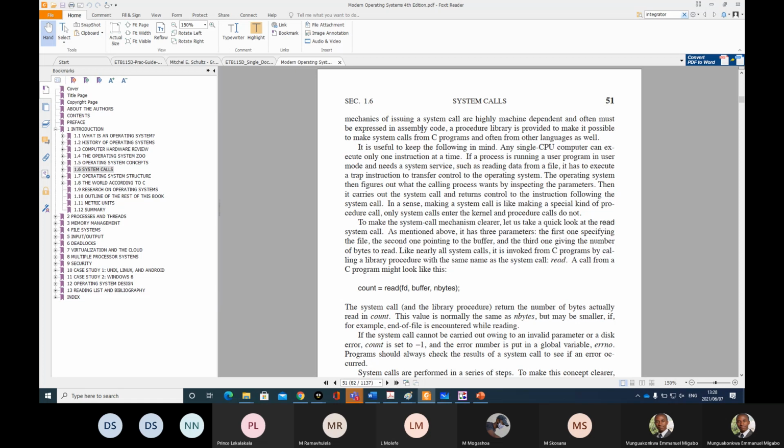A procedure library is provided to make it possible to make system calls from C programs and often other languages. Because assembly language is not often very user friendly, as I mentioned, it's really low level. Just to give you an idea, when you're writing an if statement, for example, on a byte of data, meaning, you know bytes because you use the byte data type in Java, so I can stick to that example.